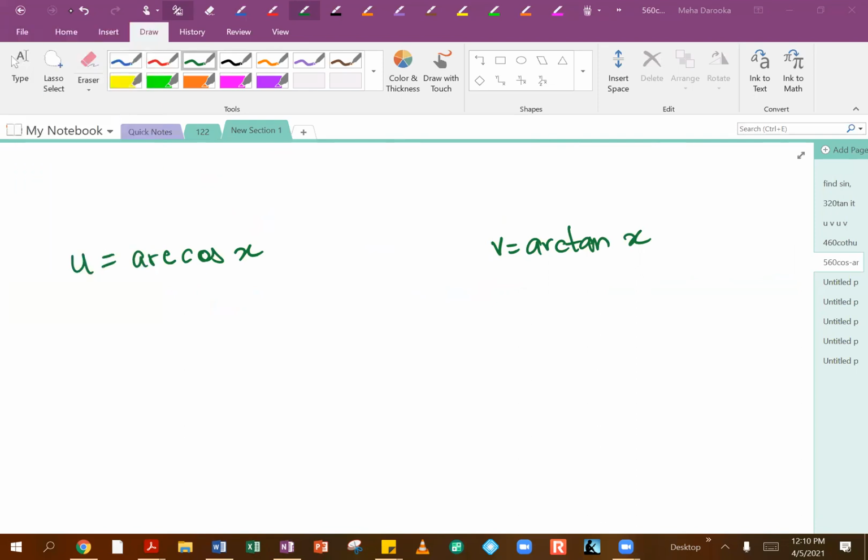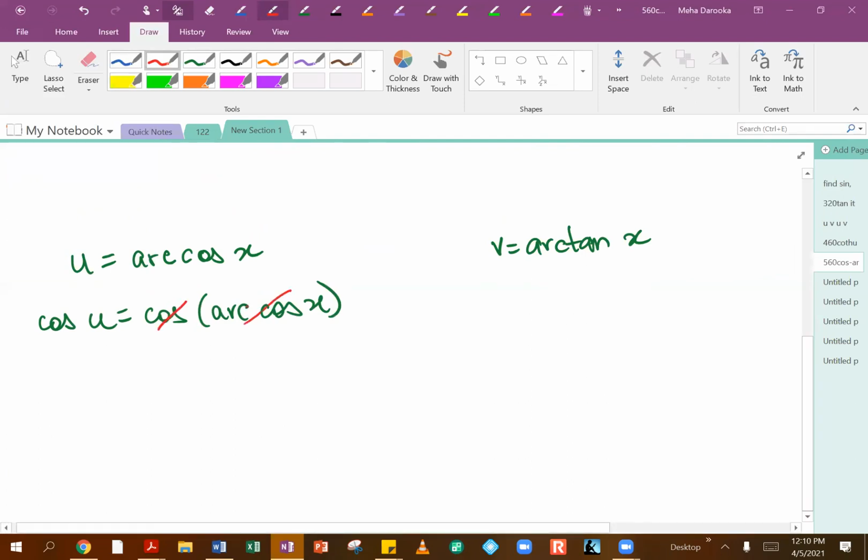If I am defining u equals arc cosine of x, remember I can take cosine on both sides of this equation. We know cosine and arc cosine are inverse functions of each other, so essentially you can think of them as canceling out.